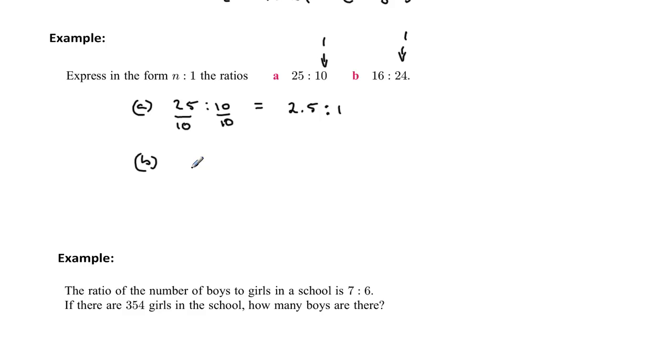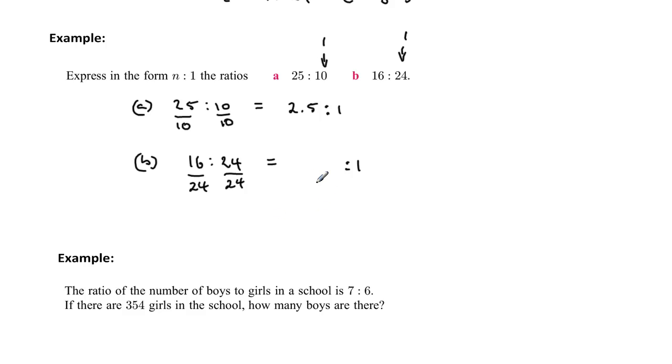If you have a look at B, you're going to have the same situation. You've got 16 to 24. So what we're going to do is we're actually going to take that and divide both sides by 24 in order to make 24 into a 1. So we know that that side is going to be 1, 24 divided by 24.